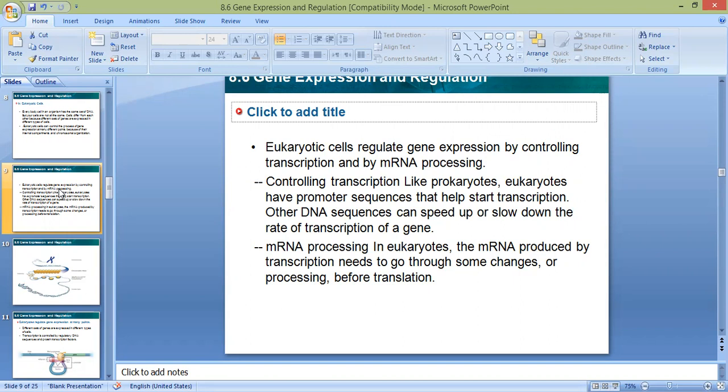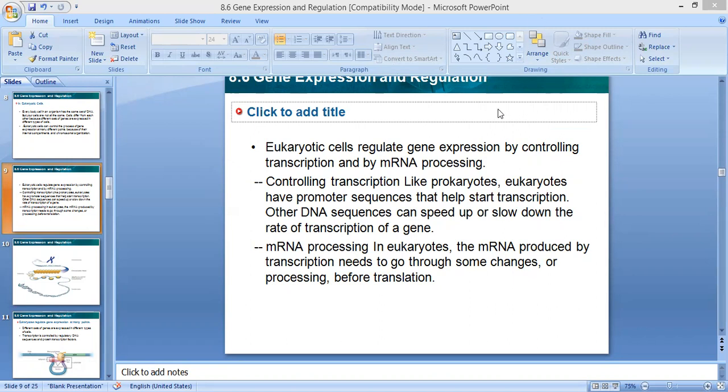The mRNA produced by transcription needs to go through some changes, for example to remove the introns and exons, which we will discuss in detail. It should go through modification. The mRNA after transcription is like a film that still needs editing, not 100% finished, needing parts assembled and removed. So after transcription the mRNA must go through processing, like editing a film.